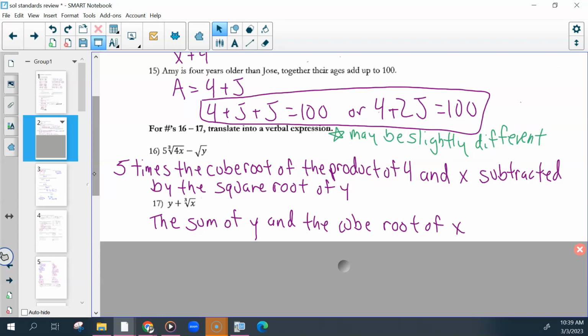Your words could be different if you did this one. I think I wrote the most. You could shorten it or summarize it. 5 times the cube root of the product of 4 and x subtracted by the square root of y. You could have said 5 times the cube root of 4 times x minus the square root of y. Anyone write 16 a different way that they want checked?